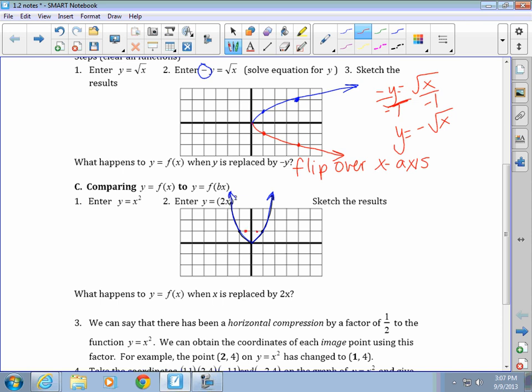It's going to be a parabola since it's squared. When you put this in your calculator, you'll see that it goes skinnier, or narrow. And this value here is at 1/2, and this value here is at negative 1/2.